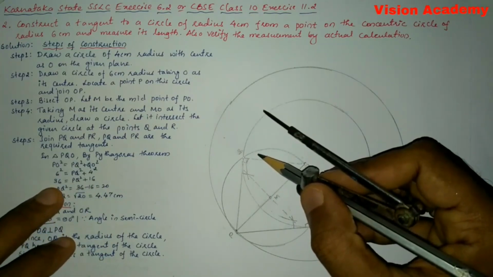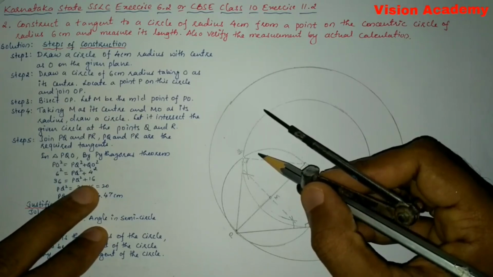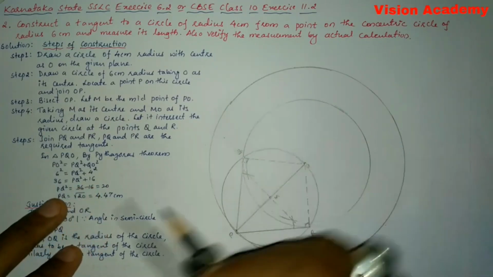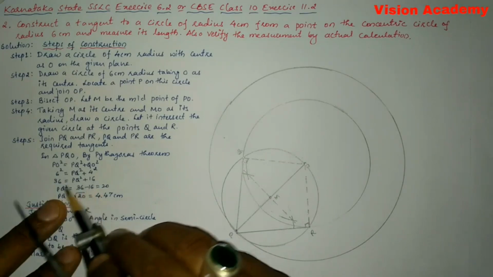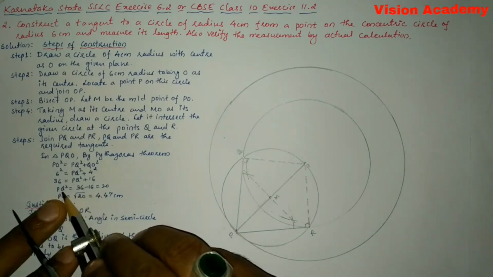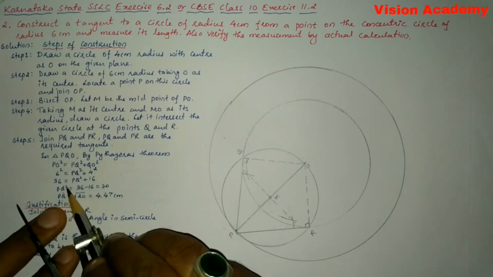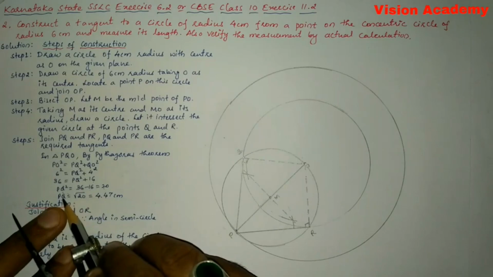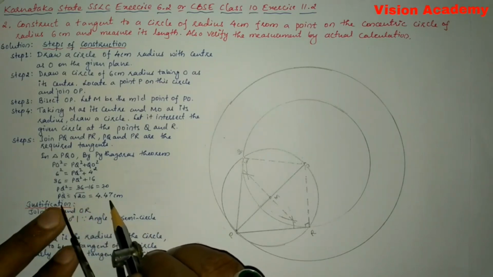So here 6 square is 36, is equal to PQ square plus 4 squares are 16. So here let us transform this 16 from RHS to LHS. So here we'll get PQ square is equal to 36 minus 16 is equal to 20. And let us transform this square from LHS to RHS. It will become square root. PQ is equal to square root of 20 gives us 4.47 centimeter.